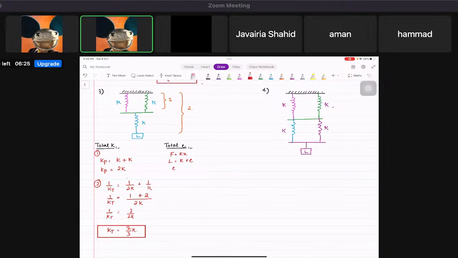So the extension is L upon K. We already know this for just one spring. So now you use F equals Kx. The total load is L. The combined spring constant is 2 by 3k and the total extension is Et. So Et is going to be 3 over 2 L over k. So now just replace this right here. So it would be 3 by 2 E.